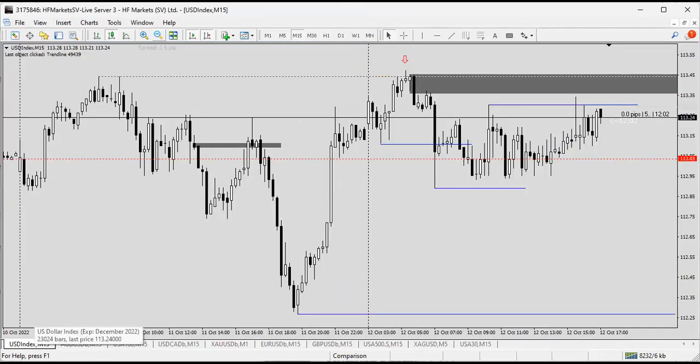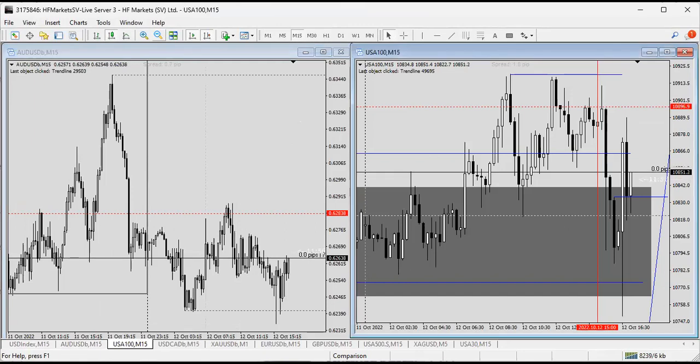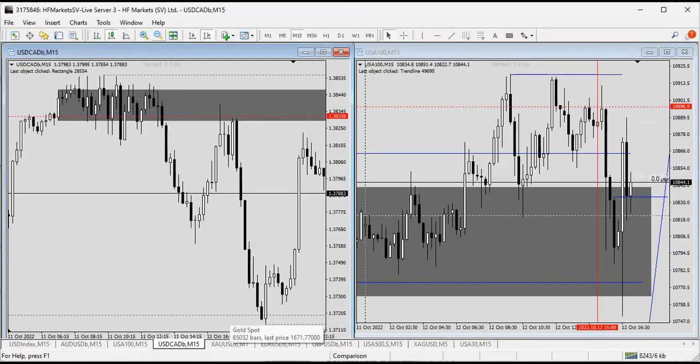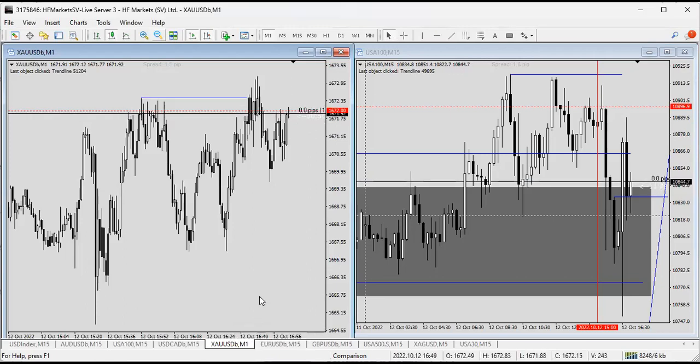Stay on the safe side. And we have the DXY moving. Really? Every time I click a chart, gold taps that level.